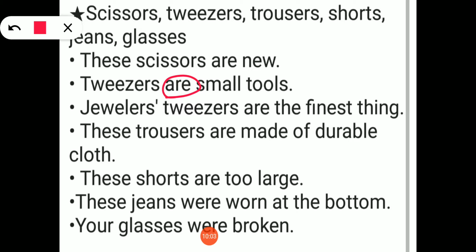Jewelers' tweezers are the finest thing. Okay. Jewelers' tweezers are the finest thing. So here, plural verb. Okay.